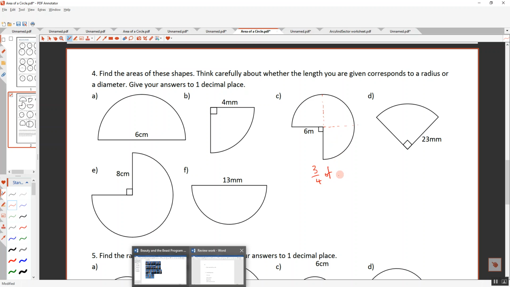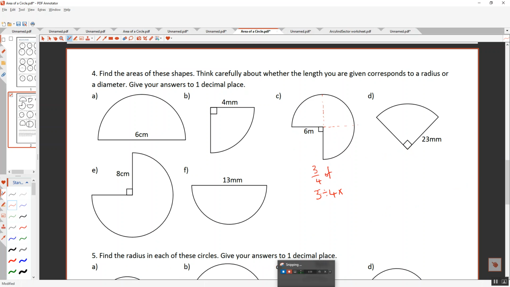Pretty much the same thing as 1/4. Yeah, you times by 3. So you work out a quarter first. You do that by dividing by 4. And then to find 3/4, you multiply by 3. So you could think of it as you're doing 3 divided by 4 and then multiplied by what the area would be. Okay, makes sense? Yes, sir. Good. All right.